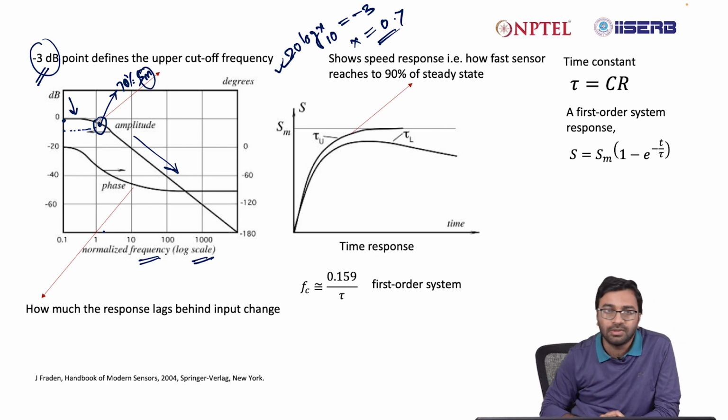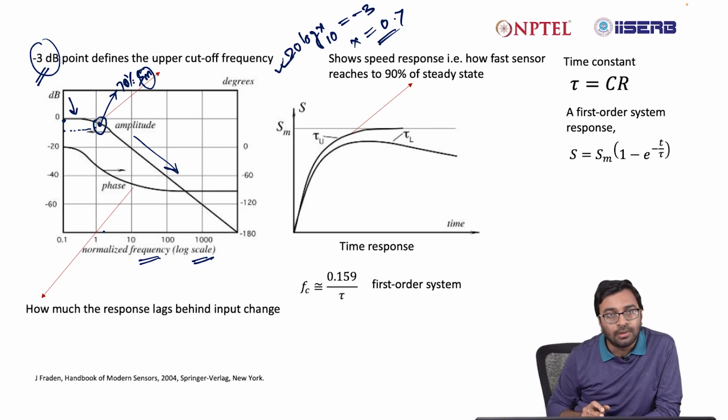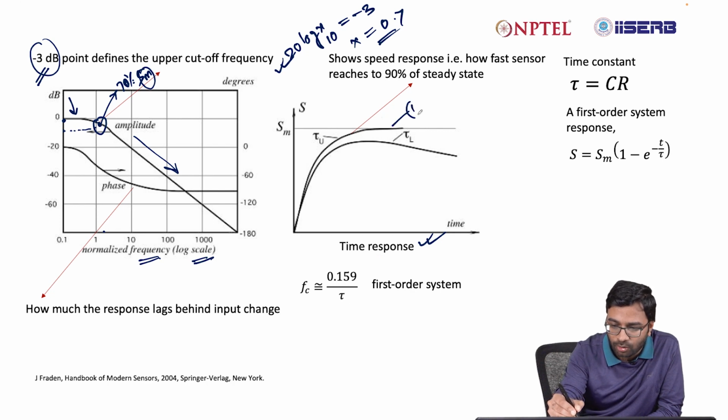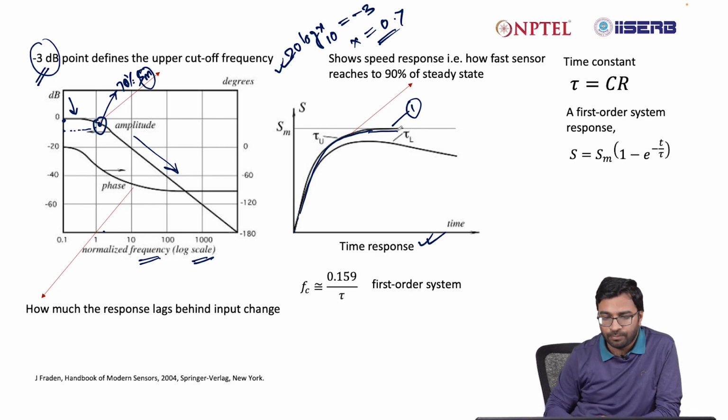Beyond that frequency, we do not use the device because amplitude is reducing and you probably won't get a reliable result out of it. Similarly, in time response also, you will see the same. Say this is plot 1. In plot 1, you can see that initially the response is increasing, then it is reaching a saturation level.